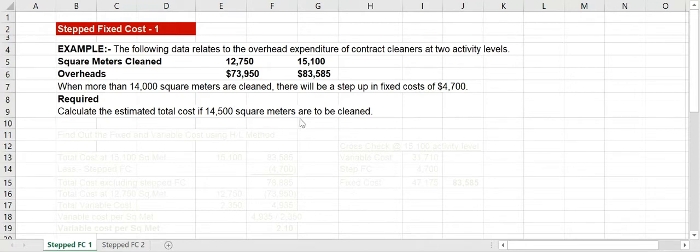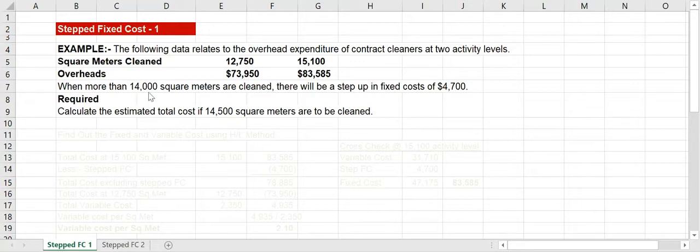Now here you are required to calculate the estimated total cost at 14,500 square meters. Please remember that this 4,700 step fixed cost applies only once you exceed 14,000 square meters.